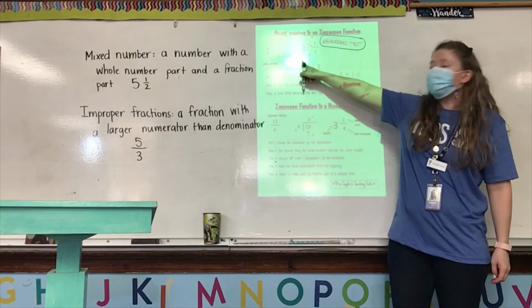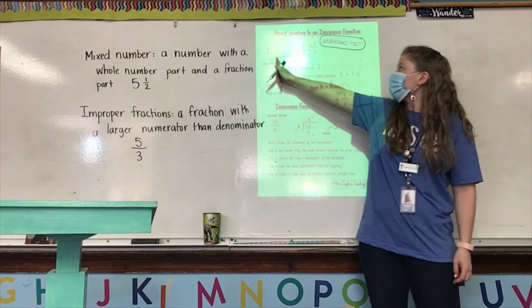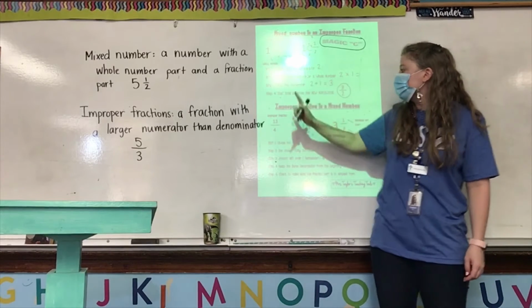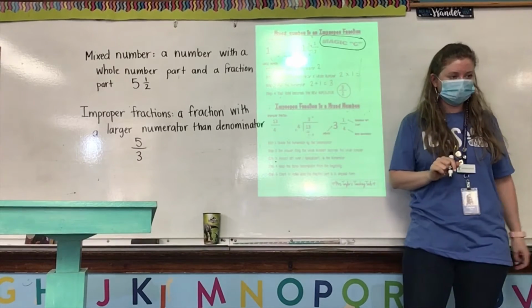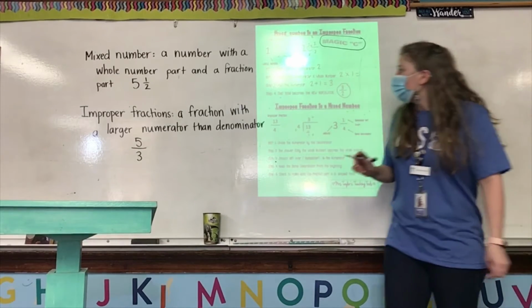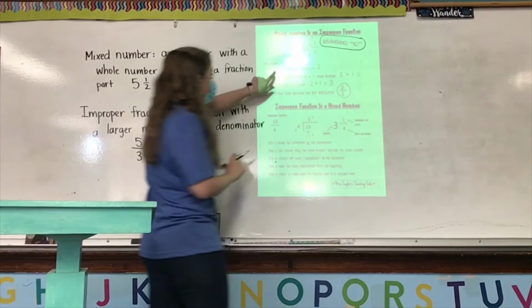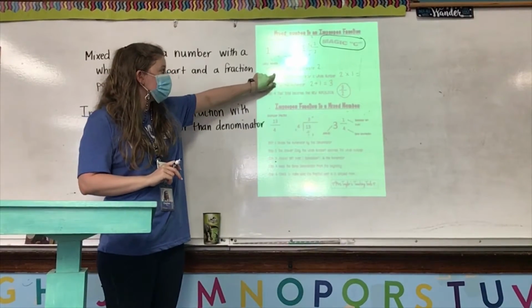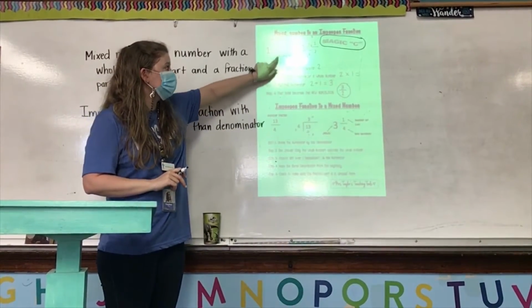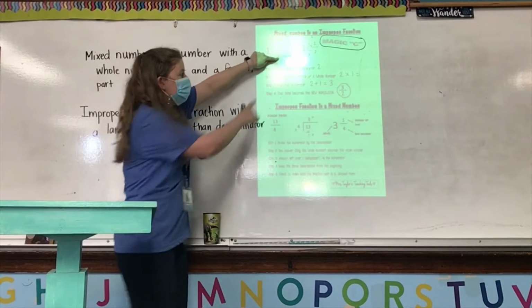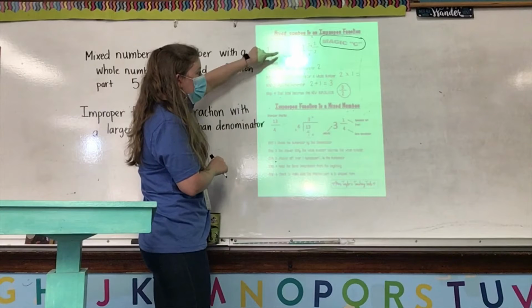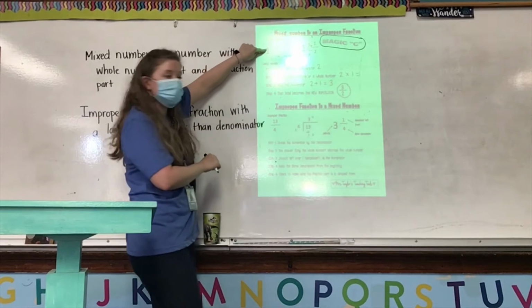Because what you're doing when you are converting mixed numbers to improper fractions is making this little C. Look at step 1. It says, start with the denominator. Our denominator is 2. Step 2 is multiply the denominator times the whole number.